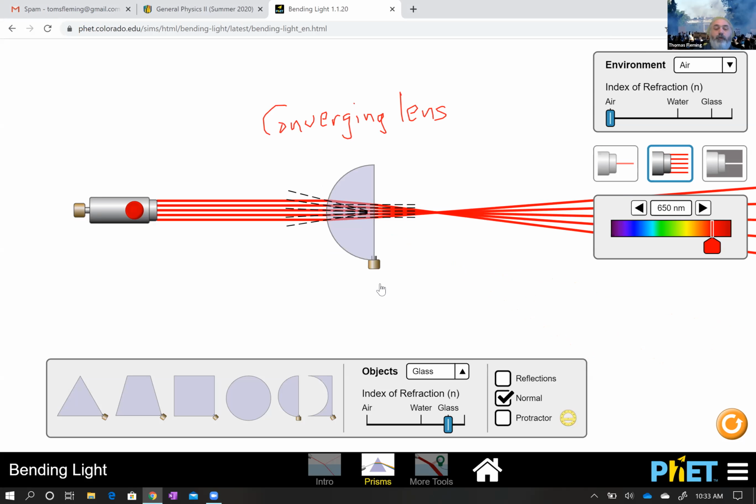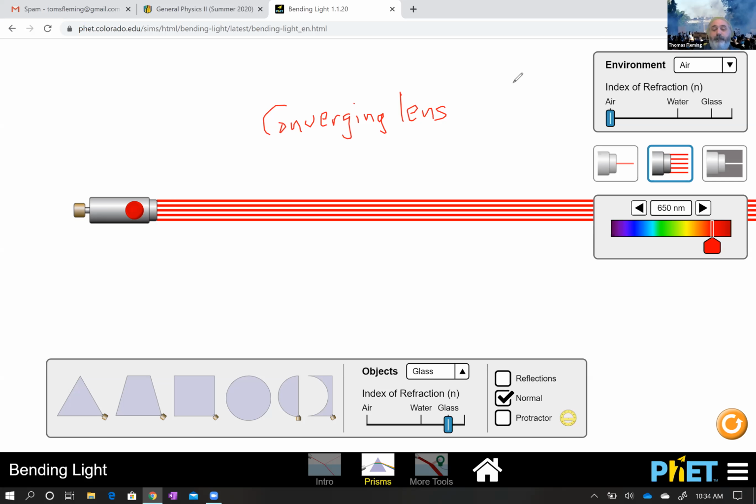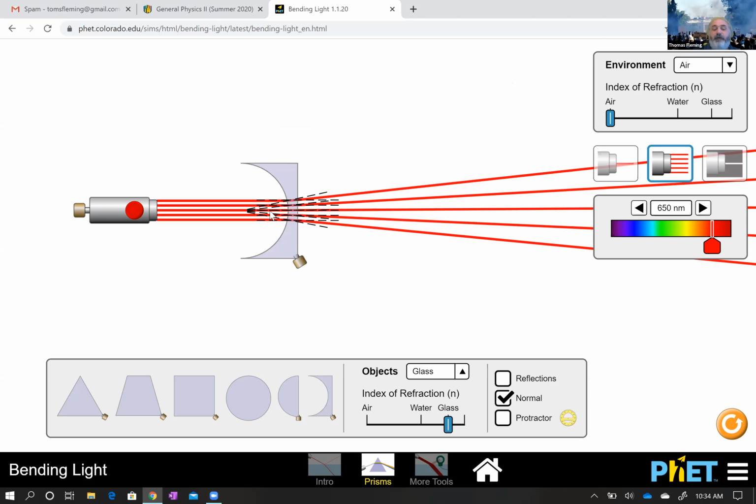Now, you could also have a diverging lens. And this is an example of a diverging lens. What's happening here is the exact opposite.